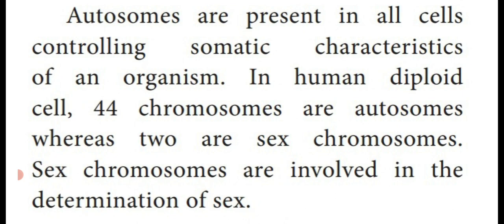Out of 46 chromosomes, 44 chromosomes are known as autosomes, which are present in the body cell. The remaining one pair, that is 2 chromosomes, are known as sex chromosomes.